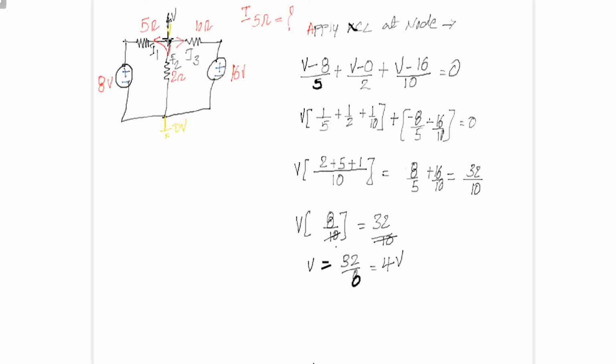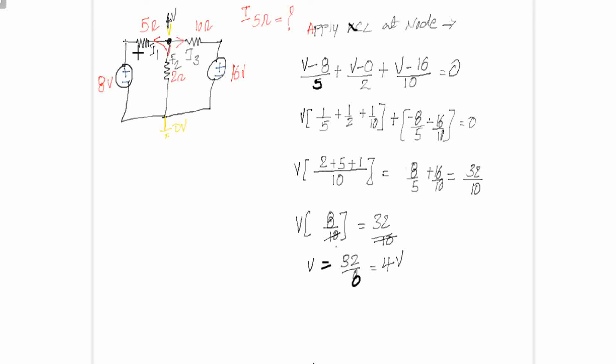Are you able to get my point? We have taken the current direction here. For ease of calculation, at a node always take the current moving away from the node, so it makes your calculation simple. But actually here you got 4 volts, and the current does not move from lower potential to higher potential.